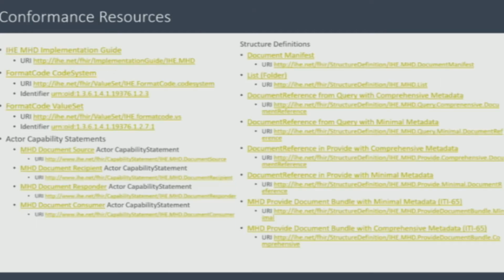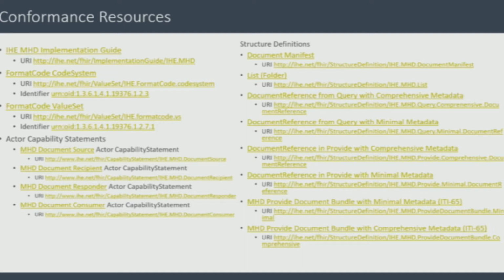All right, the next slide is an eye chart. Don't worry about this. This is actually findable elsewhere in many different ways. We have conformance resources for all of MHD, which is all that this page is showing you. If you go into Simplifier and look for IHE MHD, you will find these. If you go to the FHIR registry, you will find these.